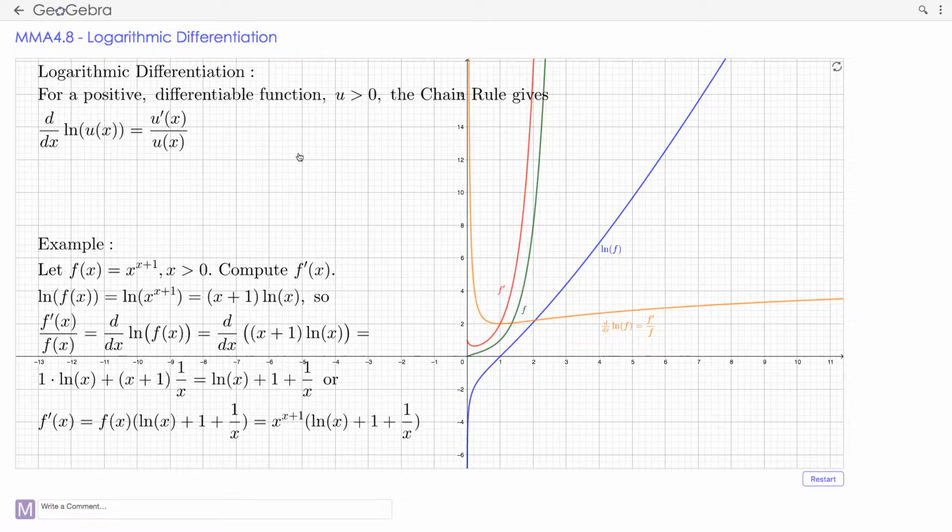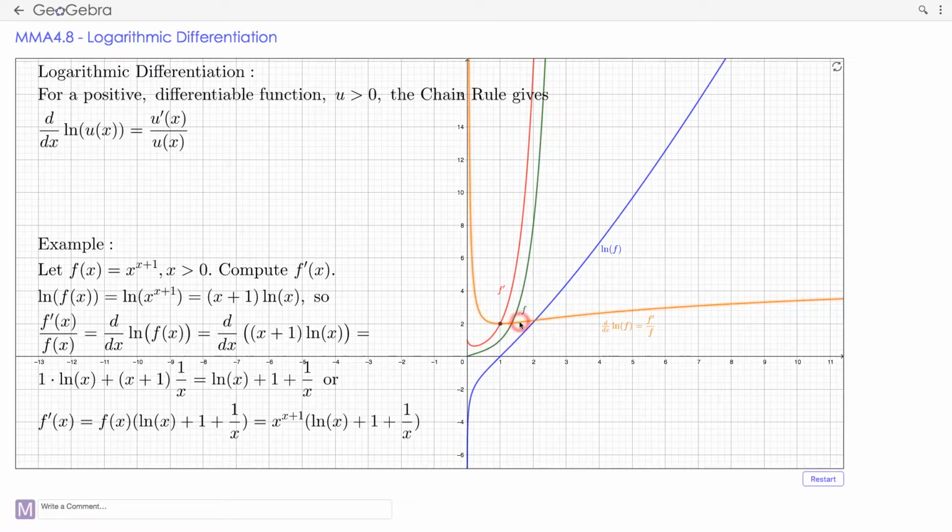What is this good for? Well, here's an example. We have a function f of x equals x to the power x plus 1. X is positive, and we want to find the derivative of this.